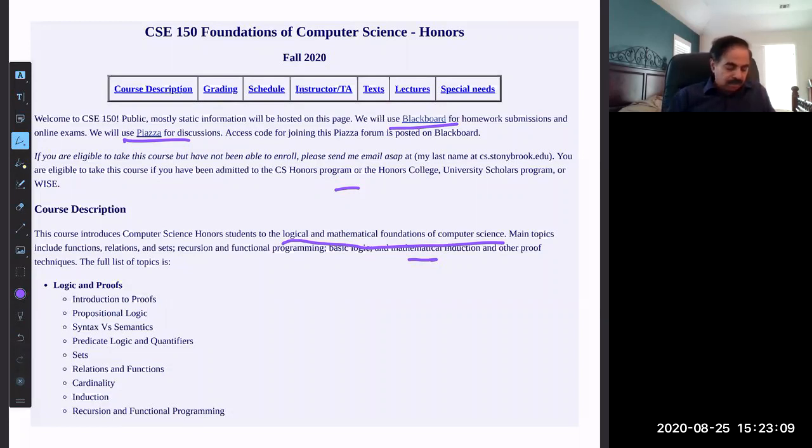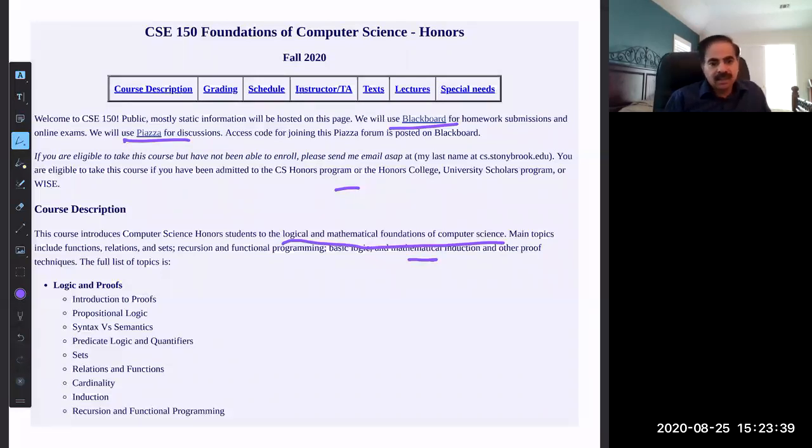The course is basically organized into 4 units. The first unit is about logic and proofs. So we will learn about propositional logic, truth tables, implications, things like that, and predicates and quantifiers.